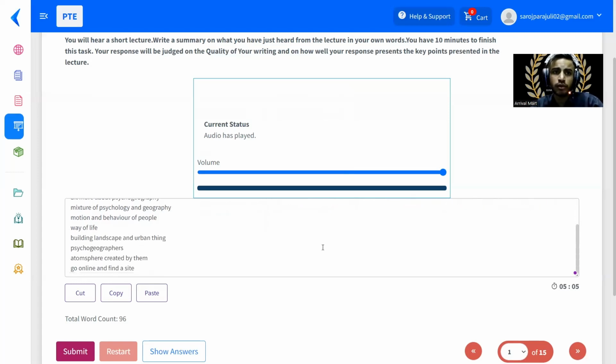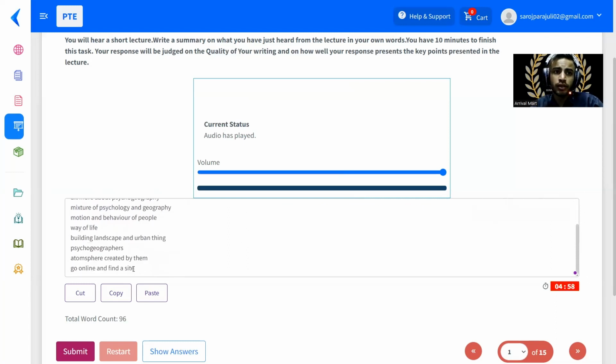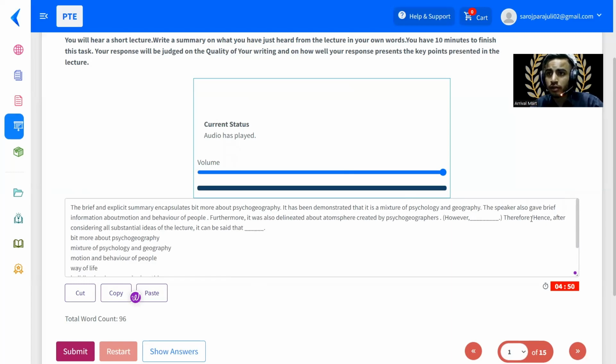I need to have a look at the word count as well. Okay, however, hence after considering all that, it can be said that you can go online and find a site. Okay, removing these things. I guess I don't need these.